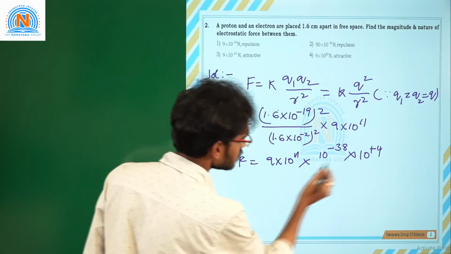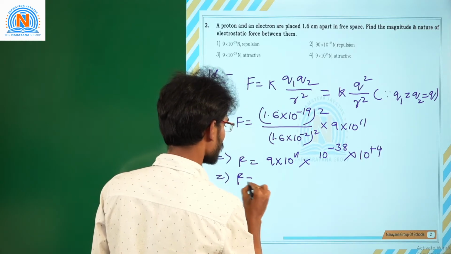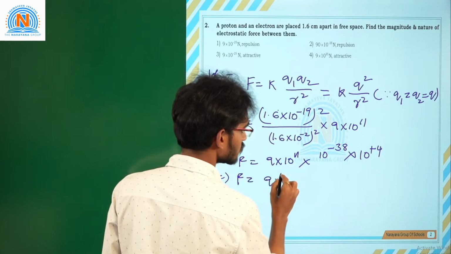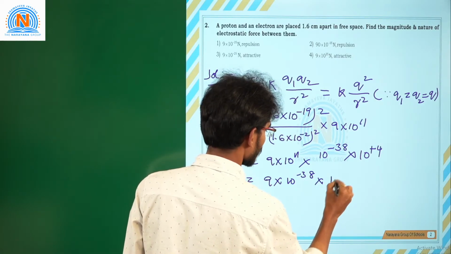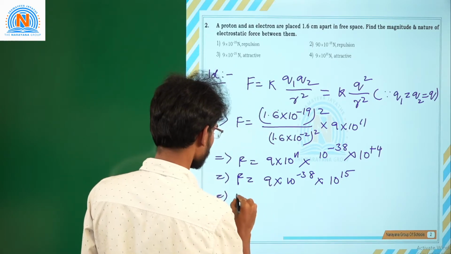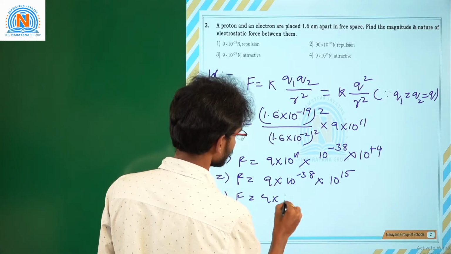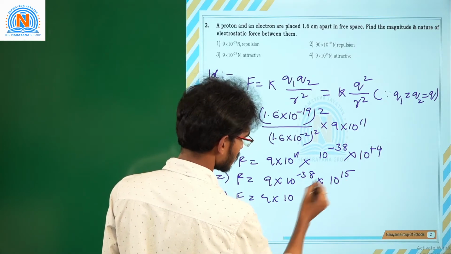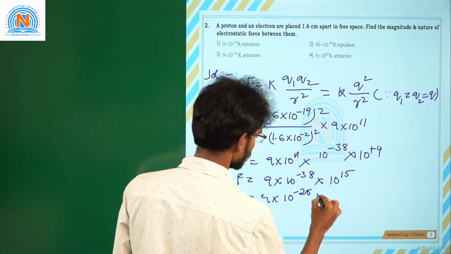Now this will be plus 4 plus 11, so F is equal to 9 into 10^-38 into 10^15. That is F is equal to the remaining value 9 × 10^-38, with 15 means 10^-25 newtons.